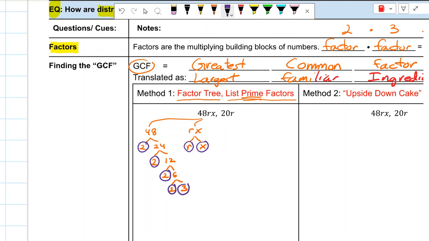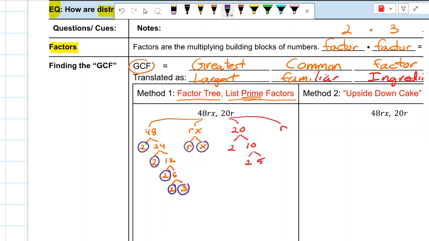But let's go over to 20R and make a tree. This is 20 times R. And 20 is 2 times 10. 10 is 2 times 5. And 5 is a prime, so we're done there.